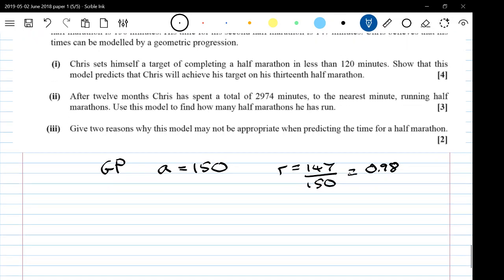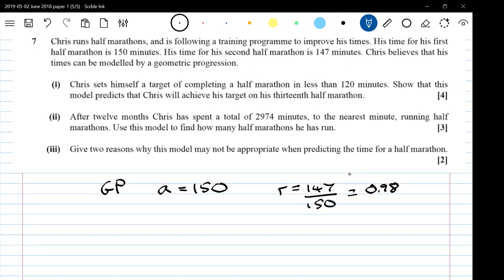So we want the first one that is less than 120 minutes. That's what we're after. So we want 150 times r to the n minus 1 to be less than 120, and we're looking for the first value of n that satisfies that equation.